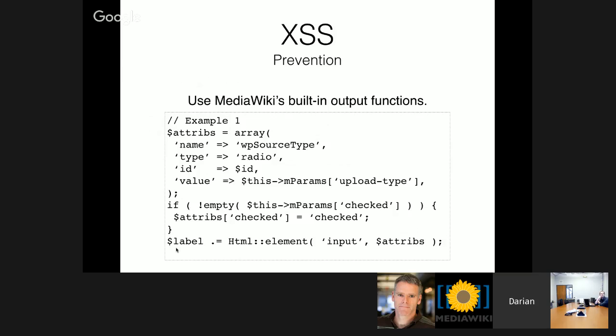So one form of prevention is to use MediaWiki's built-in output functions here. So what I'm doing is assembling an array of attributes that are going to be added to an HTML element, an input element. And then at the very last line, I'm using Html::element to actually create that and store it into the label variable.